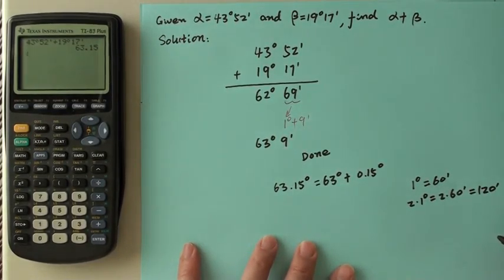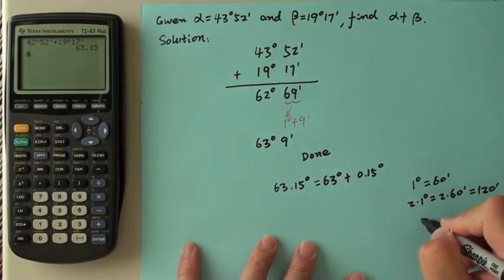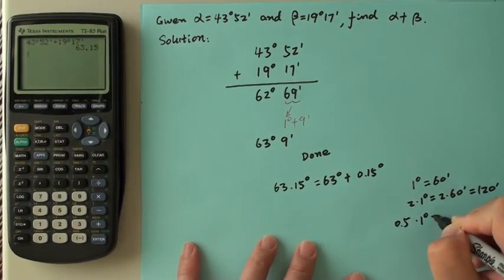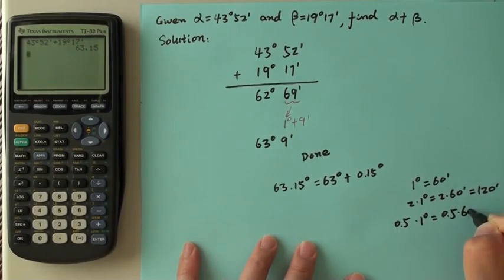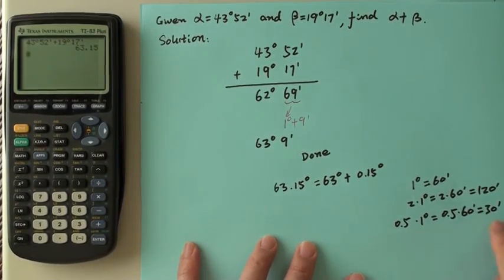If it's half a degree, you times 0.5 by 60, so half a degree is 30 minutes.